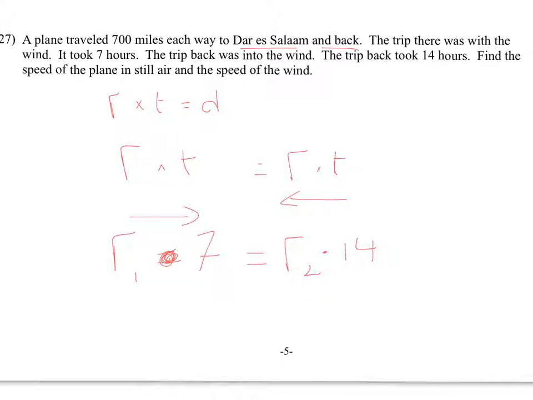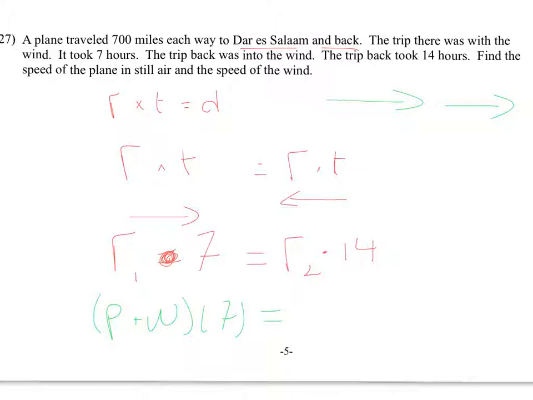Okay? The first rate is going to be, I'll call it plane, and this is with the wind. That means both the wind and the plane are going in the same direction. What that means is that we add the wind and the plane speed. So we get plane plus wind for my rate times 7.